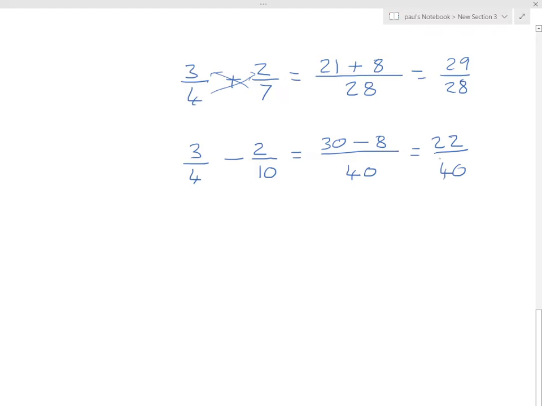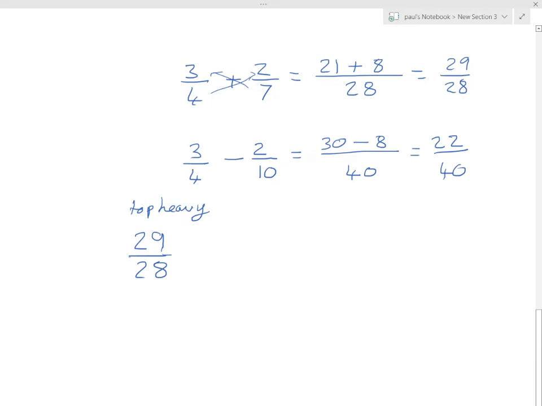Right, so that's add and subtract, multiply and divide. Now you see some of these answers that we're getting have numbers that are bigger on the top than the bottom, and numbers that can be simplified. So we'll look at 29/28. This is called a top heavy, and we don't like to leave our answer as a top heavy.